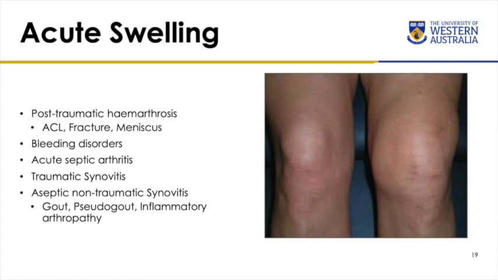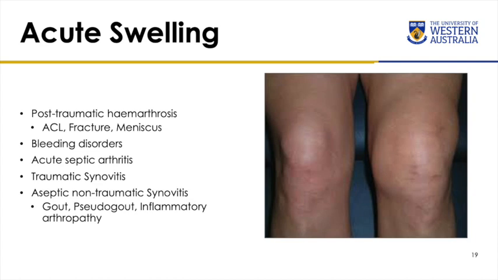Inflammatory markers are elevated, and aspiration will reveal pus in the joint, which, when sent for microscopy, will demonstrate a high white cell count. Bacteria may be seen. Treatment consists of surgical drainage and irrigation of the joint and intravenous antibiotics.